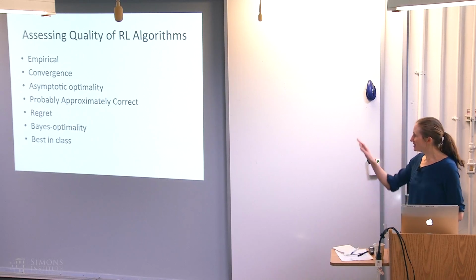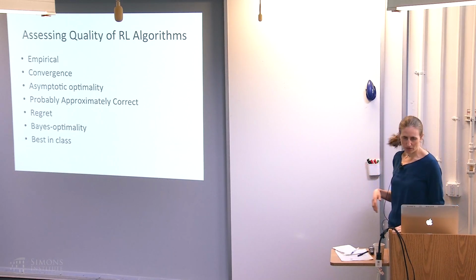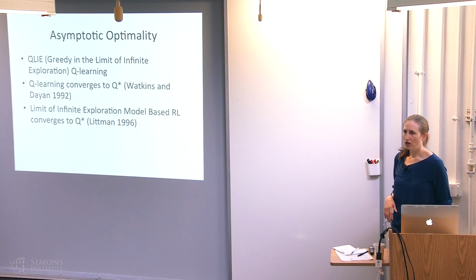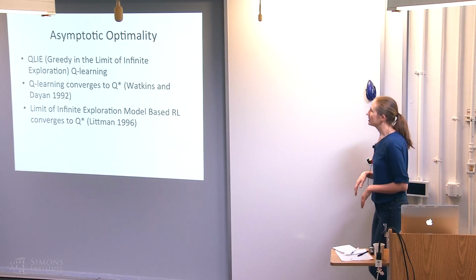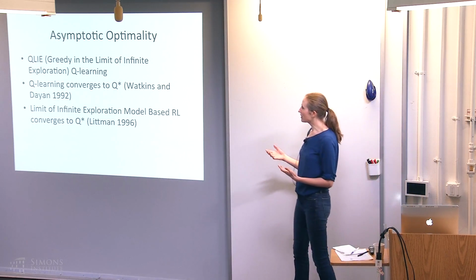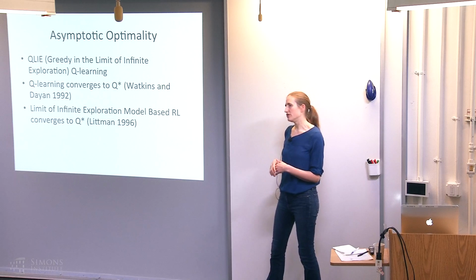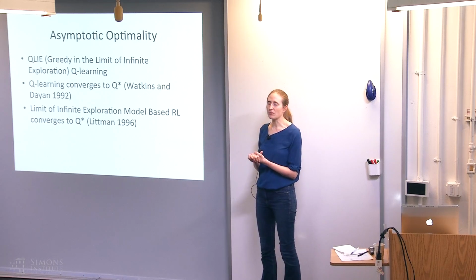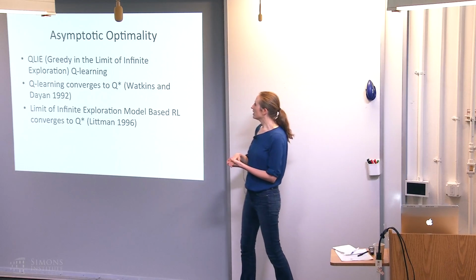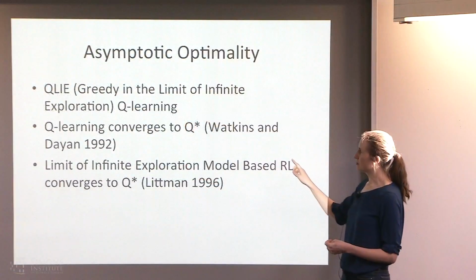But I'm going to focus on the rest of these for now, starting with asymptotic optimality, where the idea is that eventually we'll converge to the optimal policy. So again, I'm assuming realizability here, that there's an optimal policy, and we can represent that using the state and action space that we have. And we want to be greedy in the limit of infinite exploration.